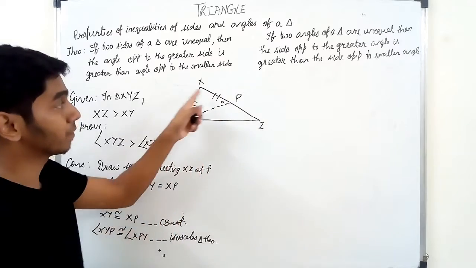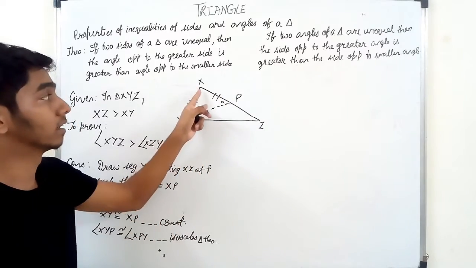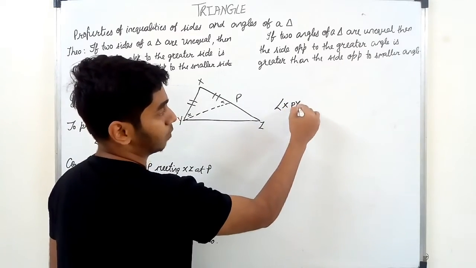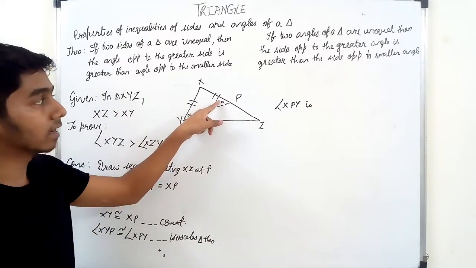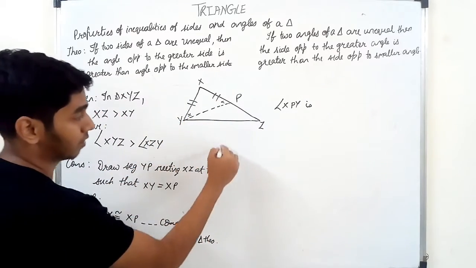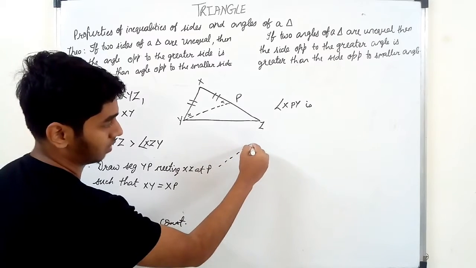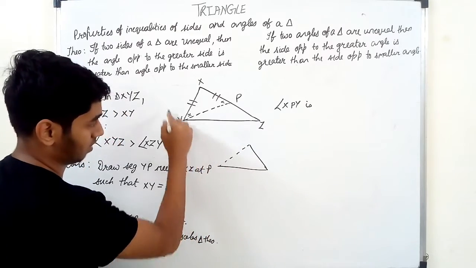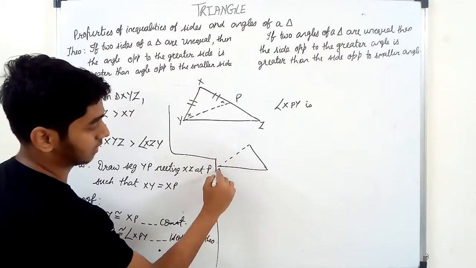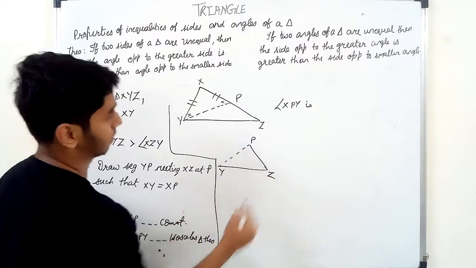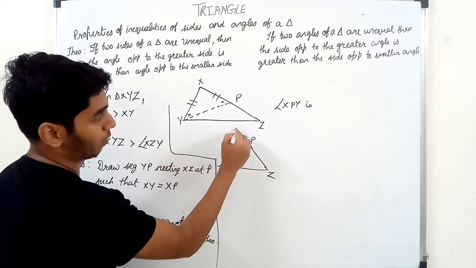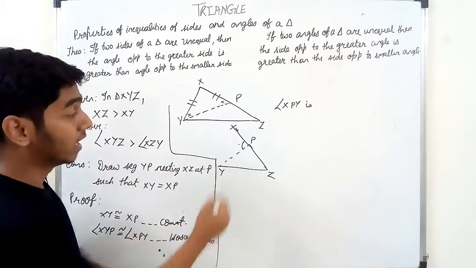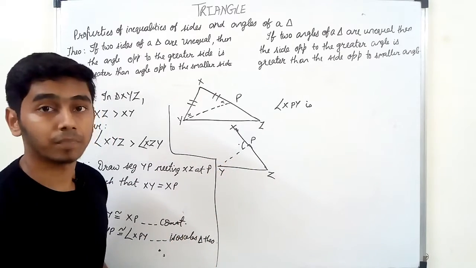Now, if you see angle XPY, isn't this angle an exterior angle of triangle PYZ? Let's say this is Y, this is P, and this is Z. So the point X is over here. So if you see this angle, this angle is an exterior angle for this triangle. Yes or no?